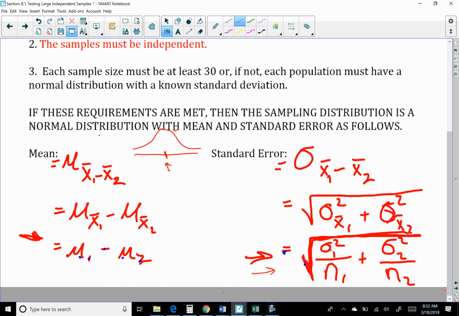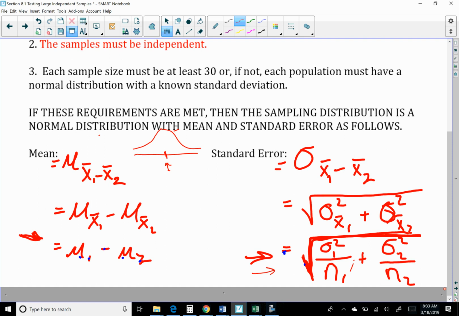It's the square root of the standard deviation of population 1 squared divided by the sample size from population 1 plus the standard deviation of population 2 squared divided by n2. In other words, this is the variance from population 1 divided by the sample size of population 1 plus the variance of population 2 divided by n2. Okay, and then you take the square root.